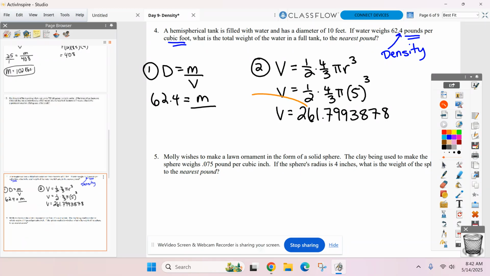$261.799. Substitute that in and solve for your mass. And you can see this is a tank, literally.